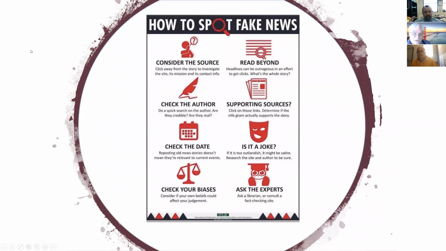So when you folks are thinking about these things you hear on the news or on Facebook or Twitter or wherever it might be, you need to think about where this came from. And I believe Dr. Els is on here and he could probably help us with spotting fake news, but you've got to think about the source.